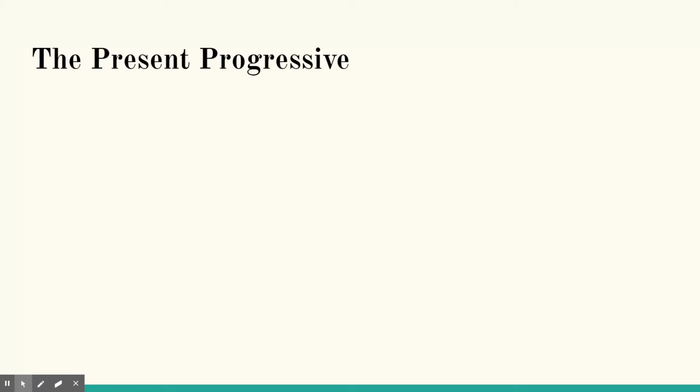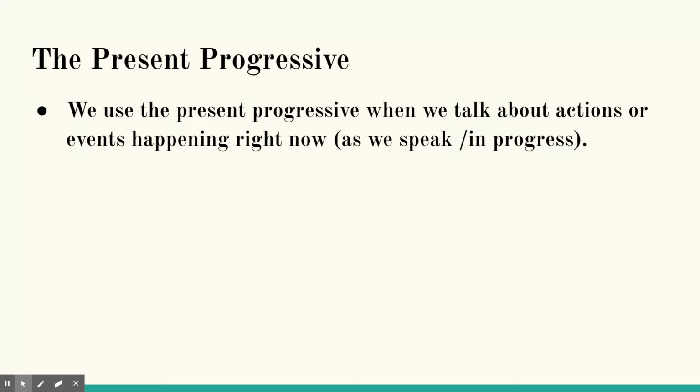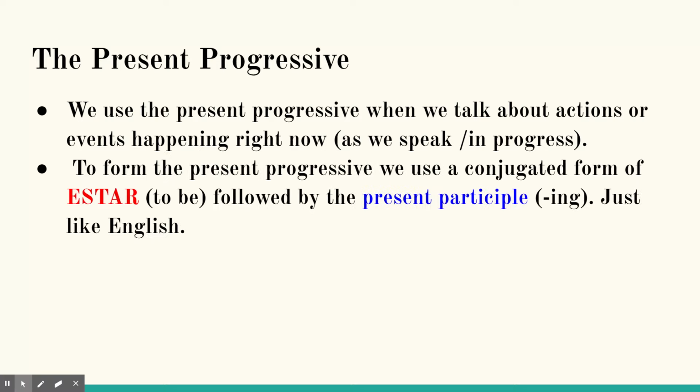Now, the present progressive is a little bit different than just the regular present tense. We use the present progressive to talk about actions or events happening now as we speak, and those events or actions are in progress. Now, to form the present progressive, we use a conjugated form of the verb estar, which is to be, followed by the present participle, just like we do in English.